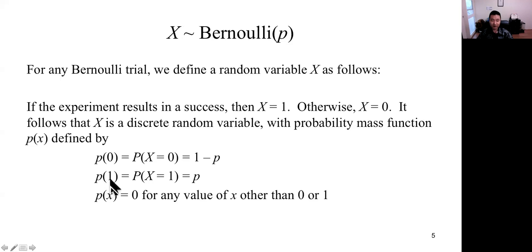And p(1), the probability for X equal to 1, is equal to p, right? And p(x) equals 0 for any value of x other than 0 or 1, because there are only two possible outcomes. X could be 0 or 1.